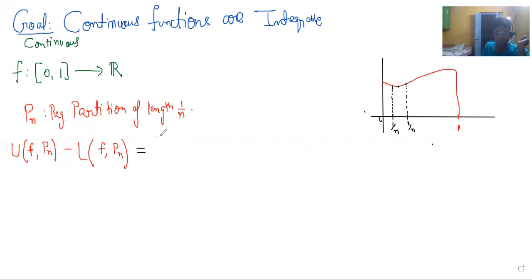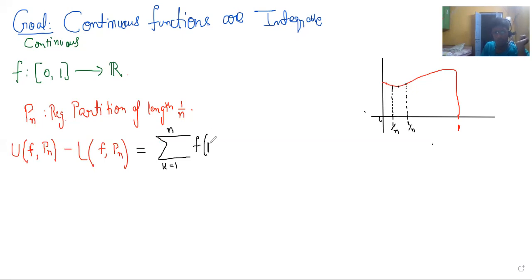So let's write it as a summation. Let's see. So this bad notation. k from 1 to, yeah, it will go till n. So upper sum.